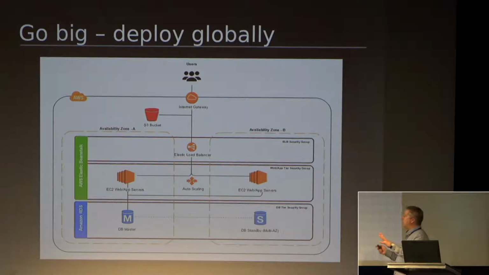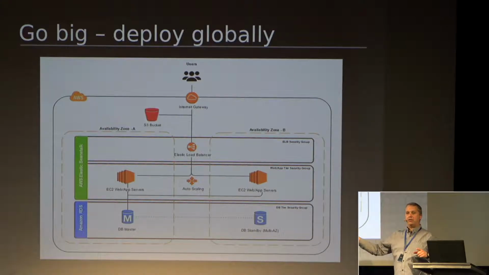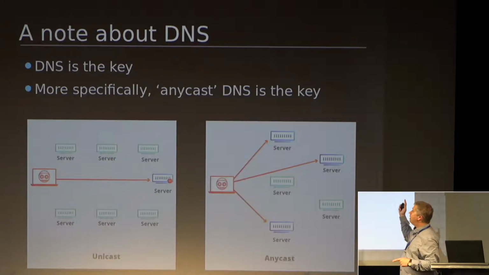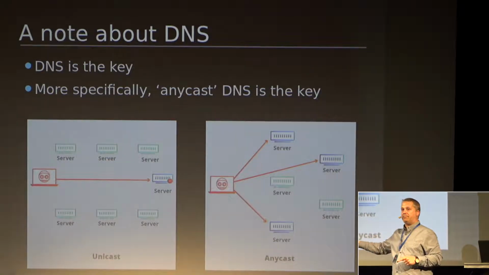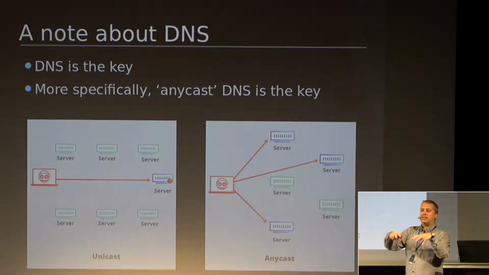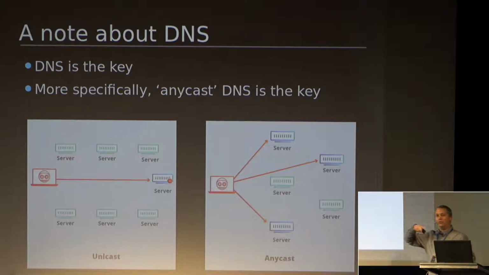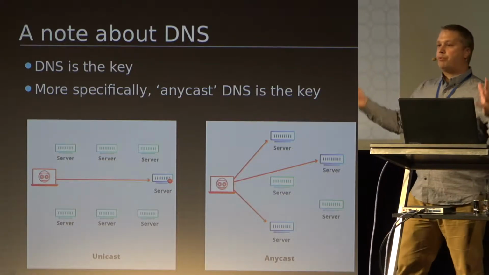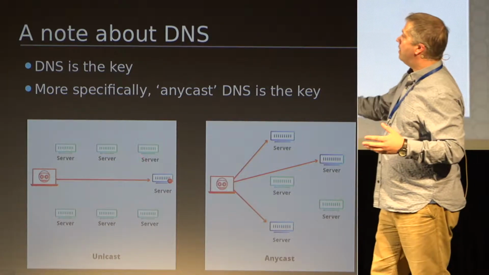We're going to take a brief detour because, again, some of this you'll know, but some of this, if you don't know, is important because we're just going to talk a little bit about DNS. DNS is critical and is key to the next steps of this. So we're probably all familiar with the unicast DNS model.